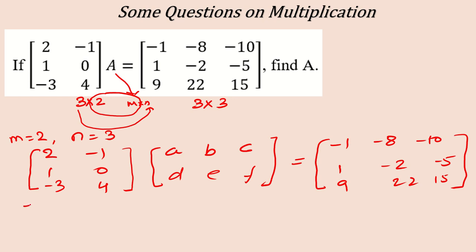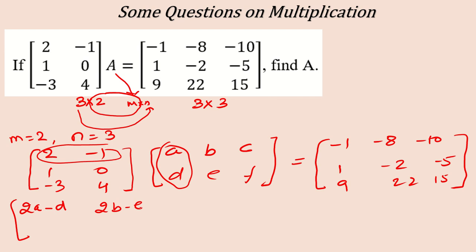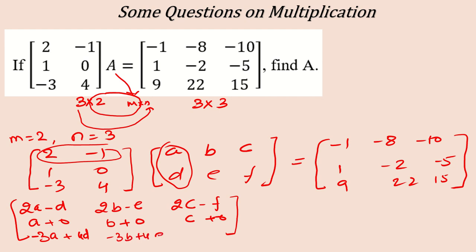See, it will be 2A, then first row and first column. 2A minus D, then 2B minus E, then 2C minus F, and then the second row, it will be 1, 0 with A, D. So it will be A plus 0 because D multiplied by 0 is 0, and then 1 multiplied by B means B, 0 multiplied by E means 0, 1 multiplied by C means C, and then 0, and finally minus 3A plus 4D, and then minus 3B plus 4E, then minus 3C plus 4F is equal to this matrix, which comes here same to same, no change in this matrix.